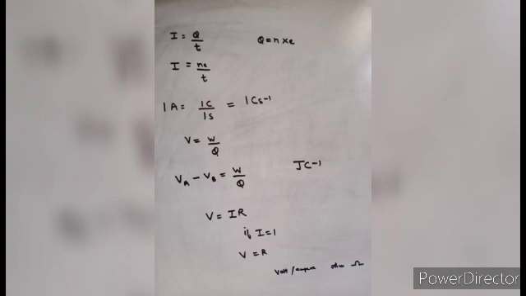The SI unit of resistance will be volt per ampere, and this volt per ampere is known as ohm. It is named after the scientist Ohm, and this is its symbol. Now what is conductance? The reciprocal of resistance is known as conductance, and its SI unit is ohm inverse because it is the reciprocal of resistance.